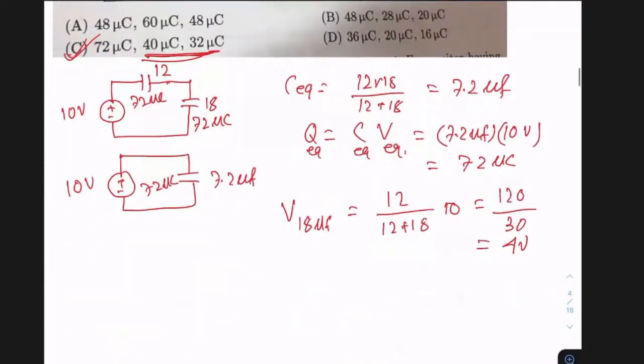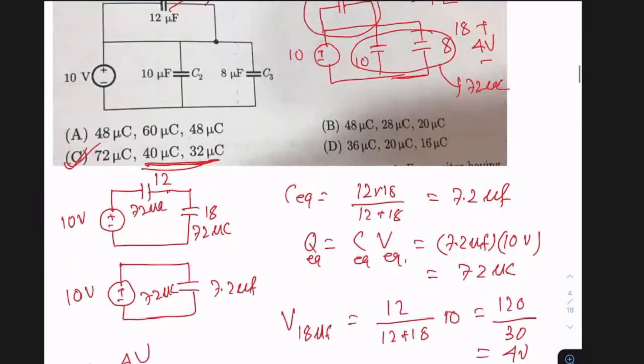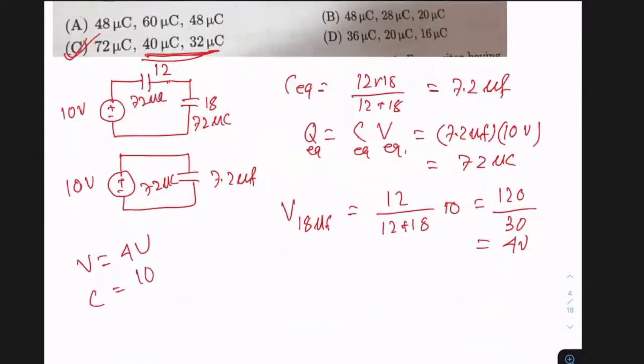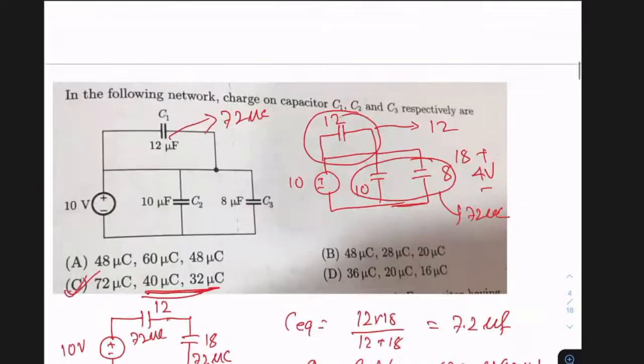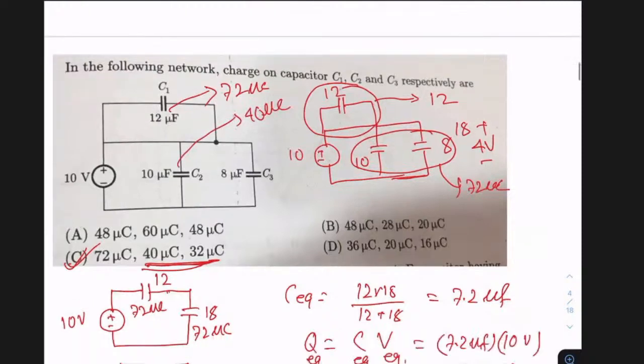Now the voltage is known, 4 volts, and you know their capacitances. The capacitance in one case is given as 10. So what is the charge? Because Q equals CV, so C into V, 4 into 10, is 40 microcoulomb. For this 10 microfarad capacitor, the charge storage is 40 microcoulomb. How did I get it?